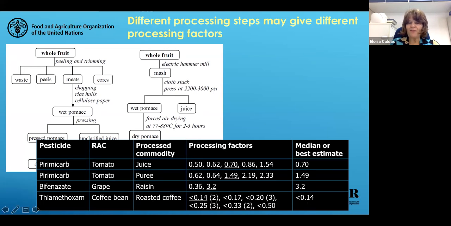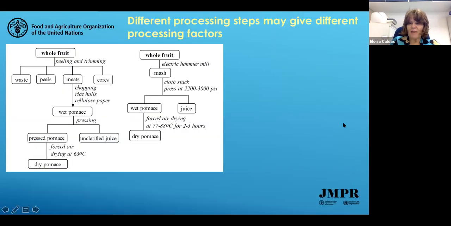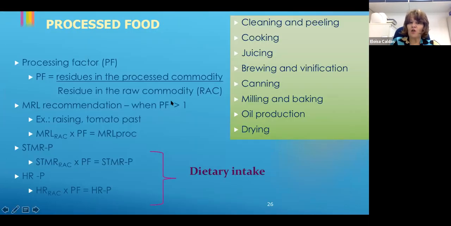Because when you have the residue in the processed commodity lower than the LOQ, it will generate a processing factor lower than the LOQ. What you cannot have, you know from basic math, is a value below the LOQ in the raw commodity. When you conduct the processing studies, you look for residues in the raw commodity. That's what you're looking for.